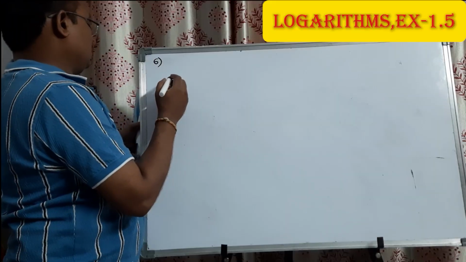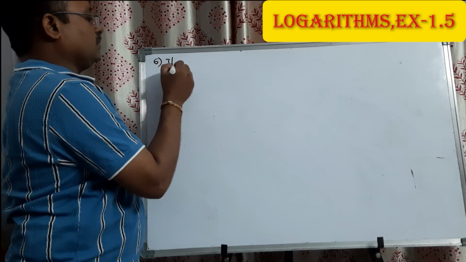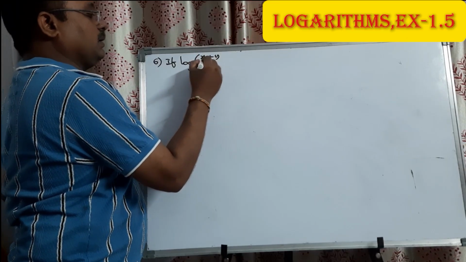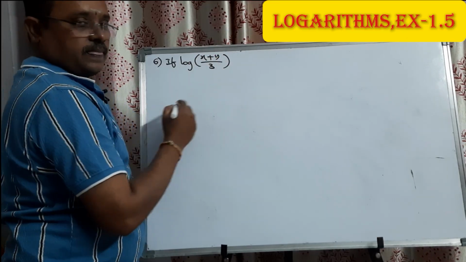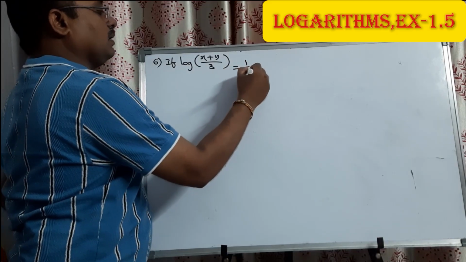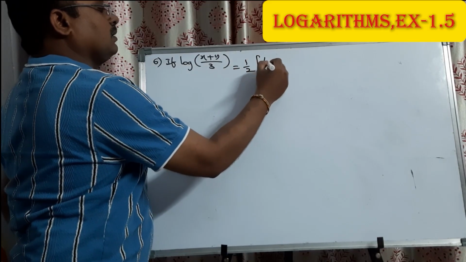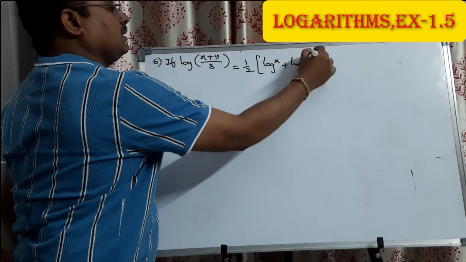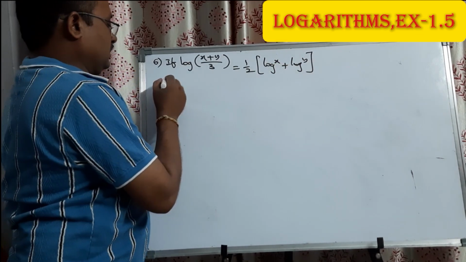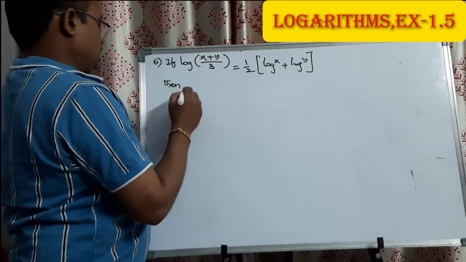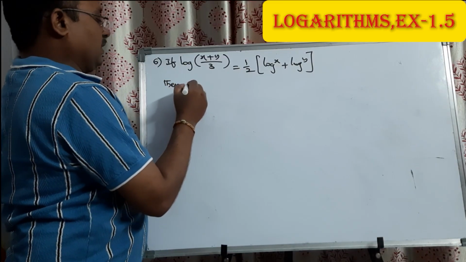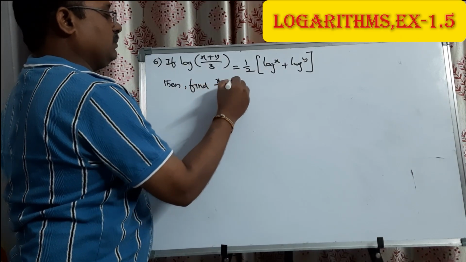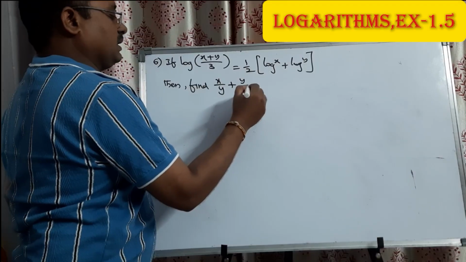Right now, the sixth one. The question is: if log of (x plus y) by 3 is equal to half of log x plus log y, then find the value of x by y plus y by x.